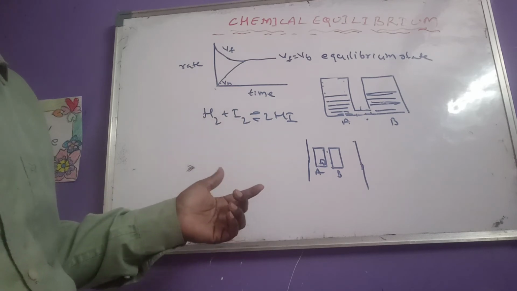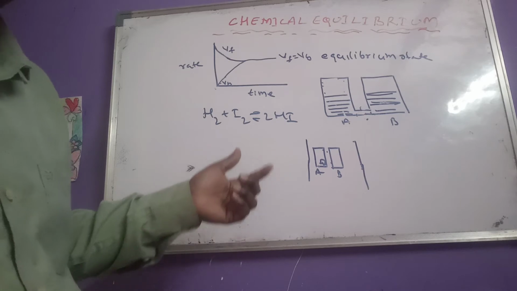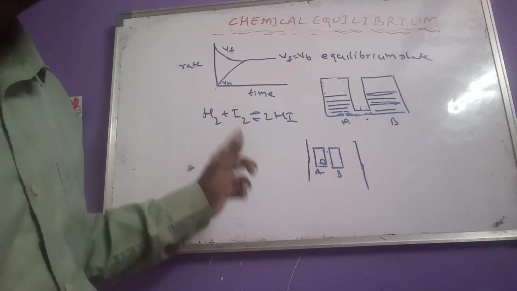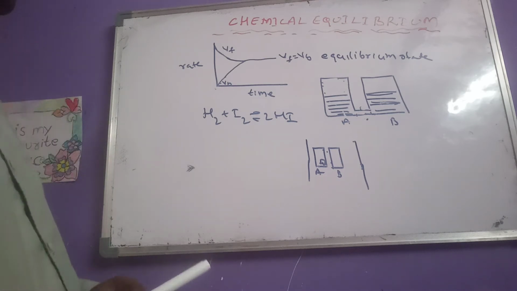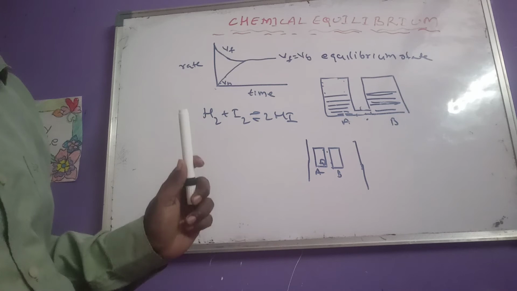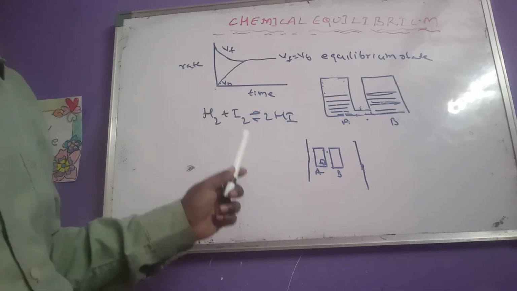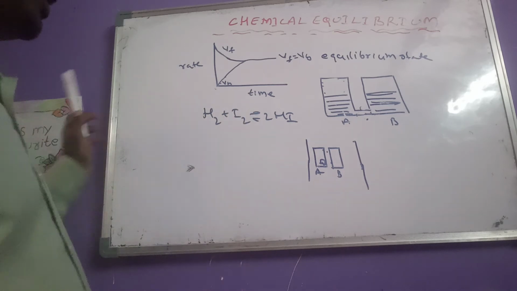Dynamic in nature means at equilibrium both forward and backward reactions continue to take place. That we have to remember. So one of the important characteristics of equilibrium is that it is dynamic in nature.